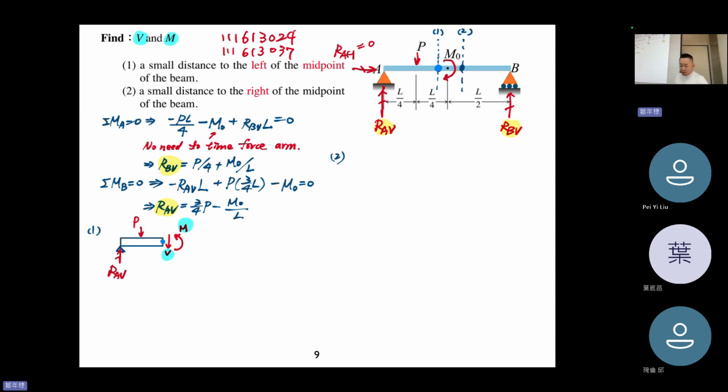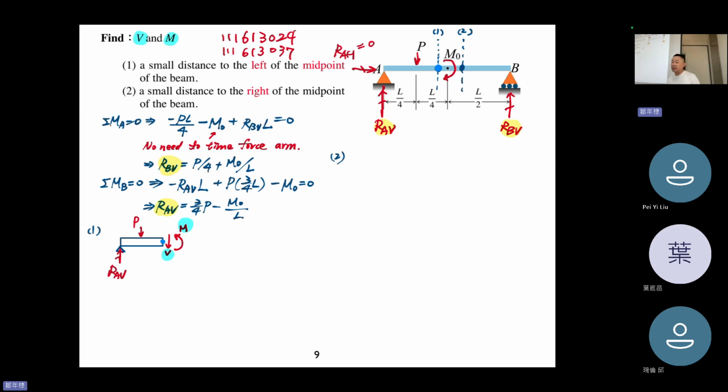So we also introduce the example where we are going to calculate the V and M, shear force and moment, left of the midpoint and right of the midpoint.